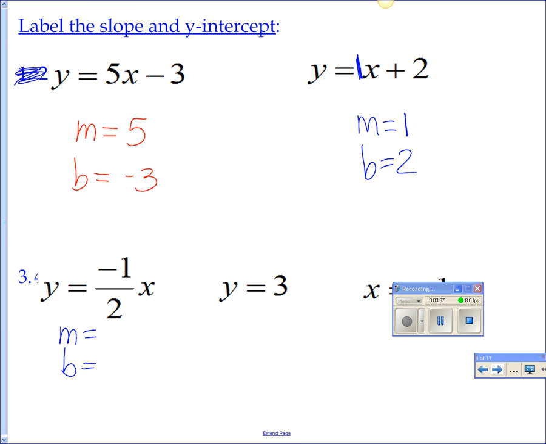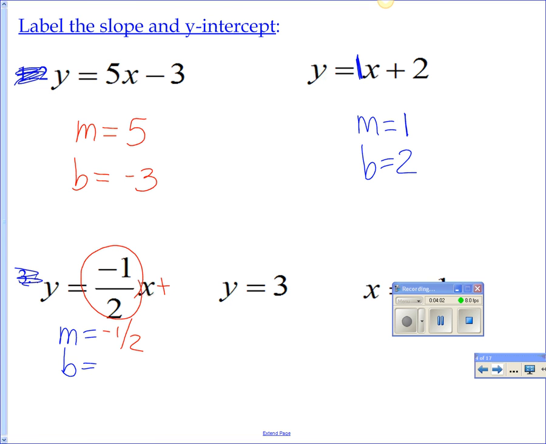All right, down here at the bottom, y = -1/2 x. So what does m stand for? Slope. What number is the slope? -1/2. So this whole number is your slope because it's beside the x. Now, what do you think I could add on to this?